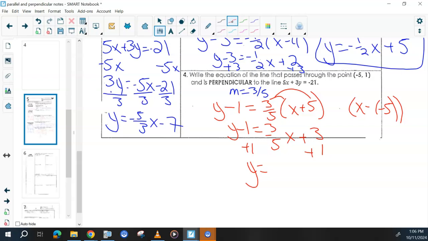And that final equation, y equals 3 over 5x plus 4. Yes. Whenever I get, like, it was x minus negative 5, but since there's two negatives, it was positive 5. Other questions on that?